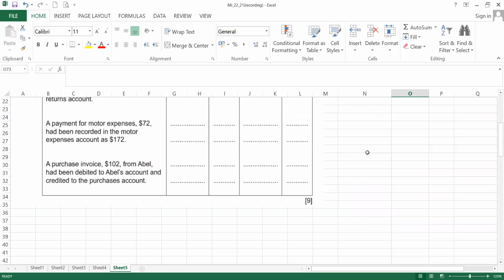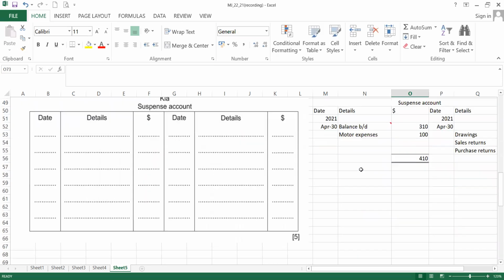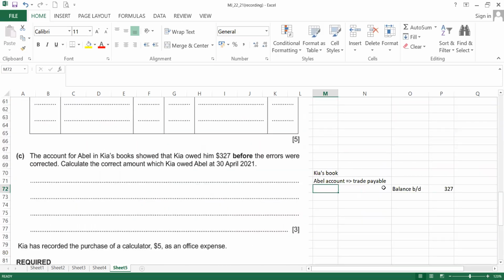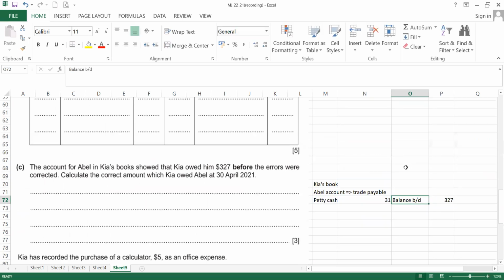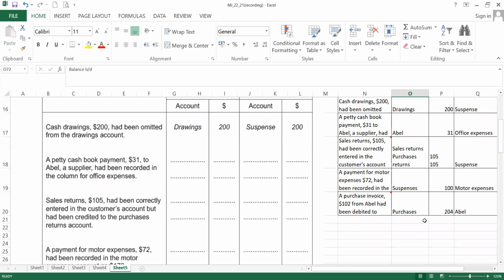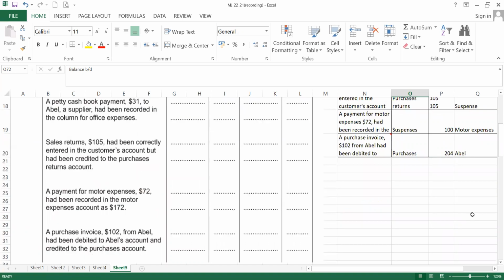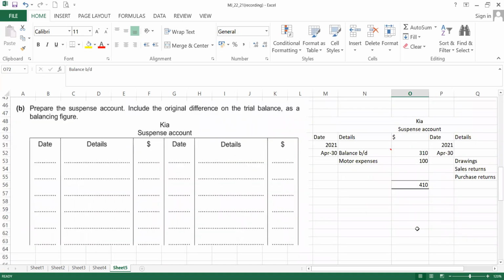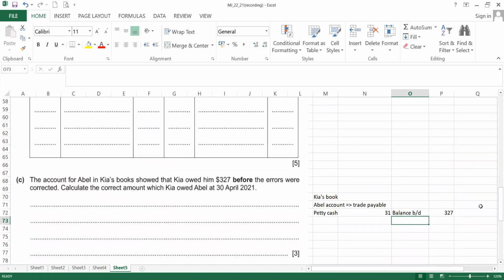So payment made by petty cash 31, and then here is a credit, so 204 purchases, 204.